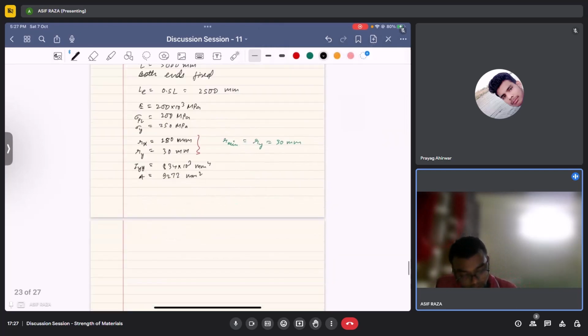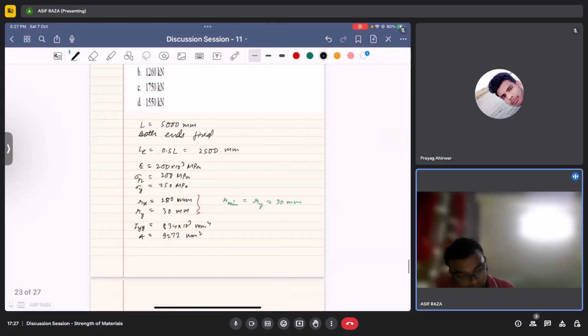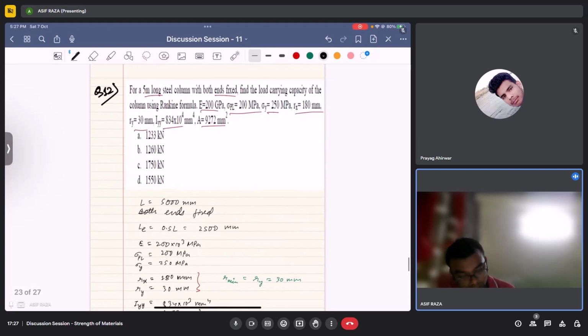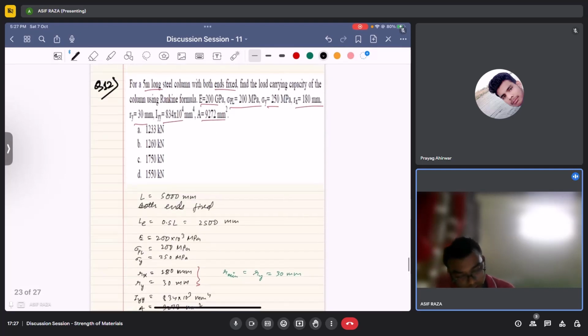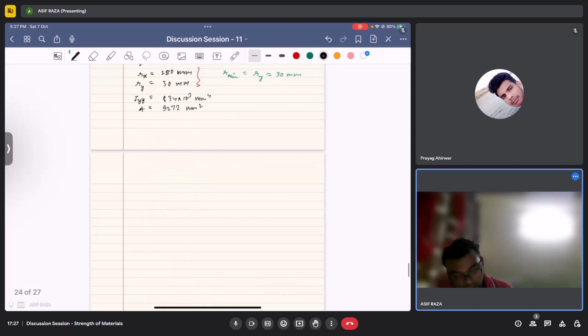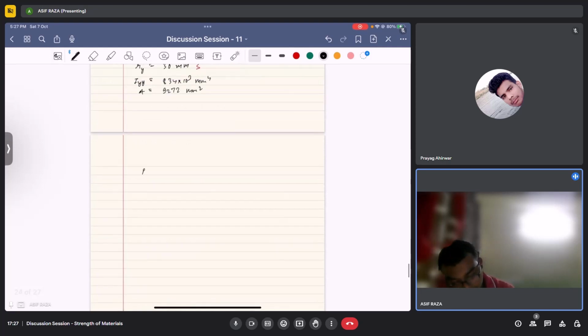Let's do further calculations. We need to find the load carrying capacity using Rankine formula, and that is PR is given by sigma Y A upon 1 plus sigma Y upon pi square E into LE upon R minimum whole square.